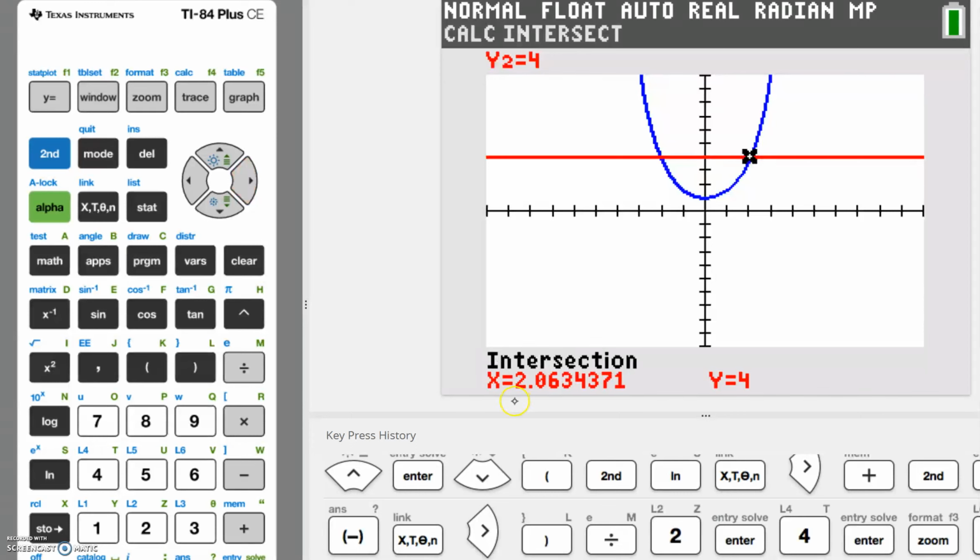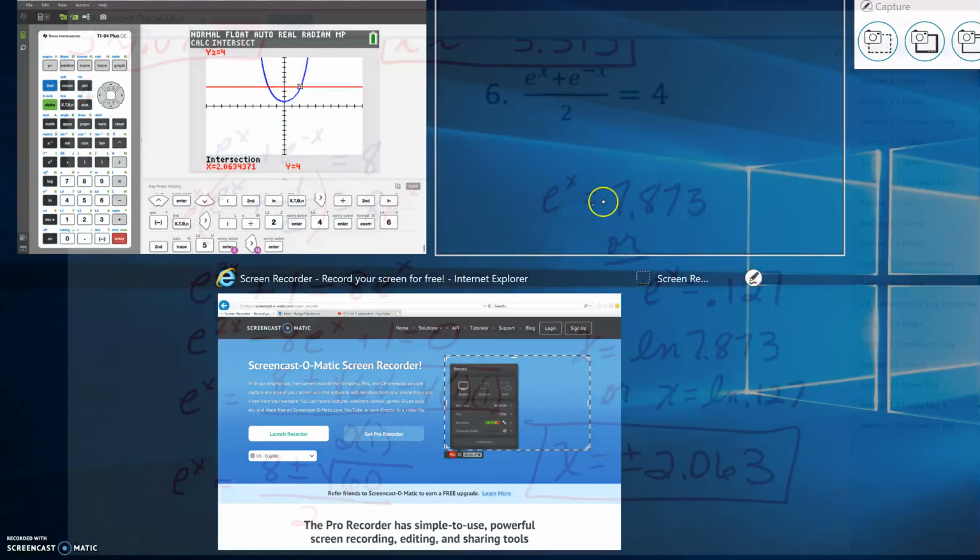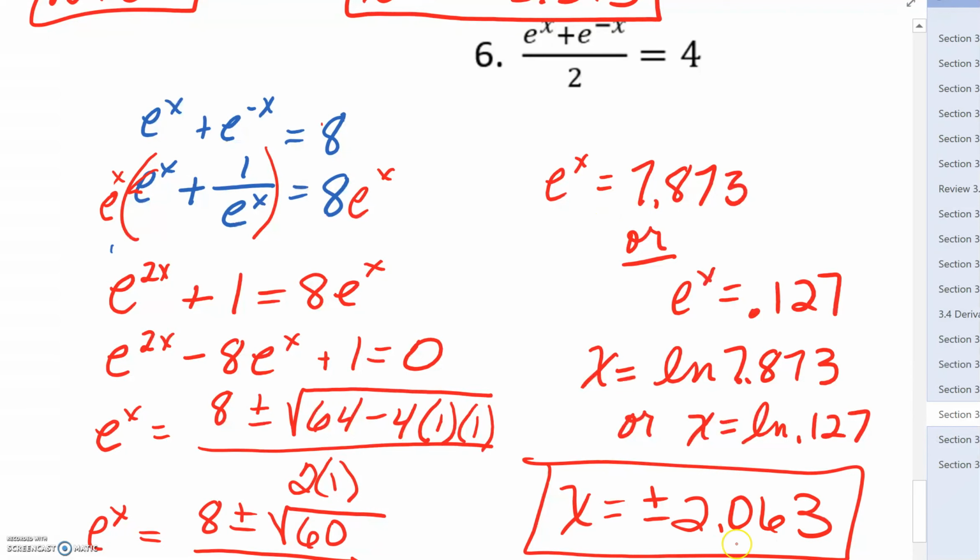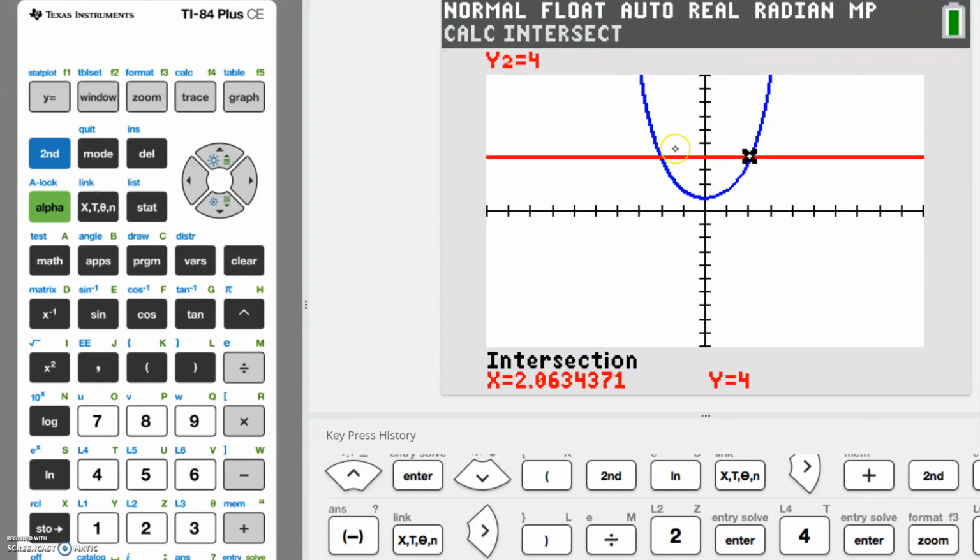And there you see that our intersection is at x equals 2.063, which, no surprise, 2.063 was one of our solutions over here. The other solution is negative 2.063, and that would be this other intersection point on the graph here. So on some of these, you may want to do them graphically.